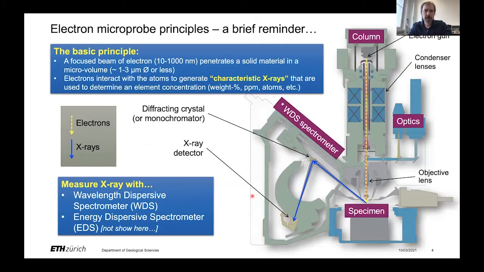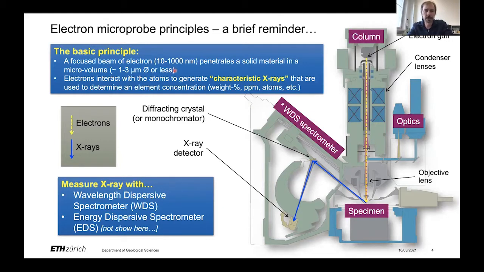So the electron microprobes, we do have here this column that most of you do know already that generates electrons. The electrons are being focused and land on your samples down here. And the electron beam size varies between around 10 nanometers up to maybe 1 micron or a little bit more. Of course, we do not analyze the surface, but we do analyze effectively a volume.